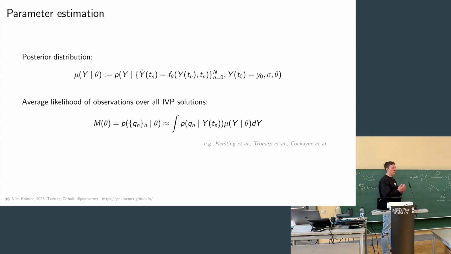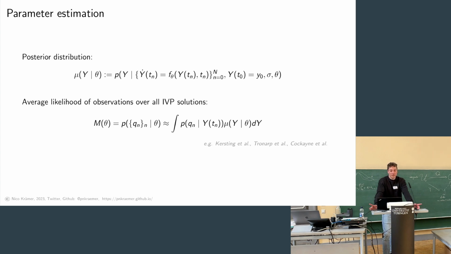And what are we doing with this posterior? Well, now instead of just evaluating our Gaussian likelihood of our observations at the mean of this approximation, we have a whole distribution to work with. So we can actually average the likelihood of our observations over basically all possible ODE solutions according to our model, which has a couple of interesting implications. The first one is that if our ODE solution is really bad and we use it for parameter estimation, then parameter estimation is going to be really bad.